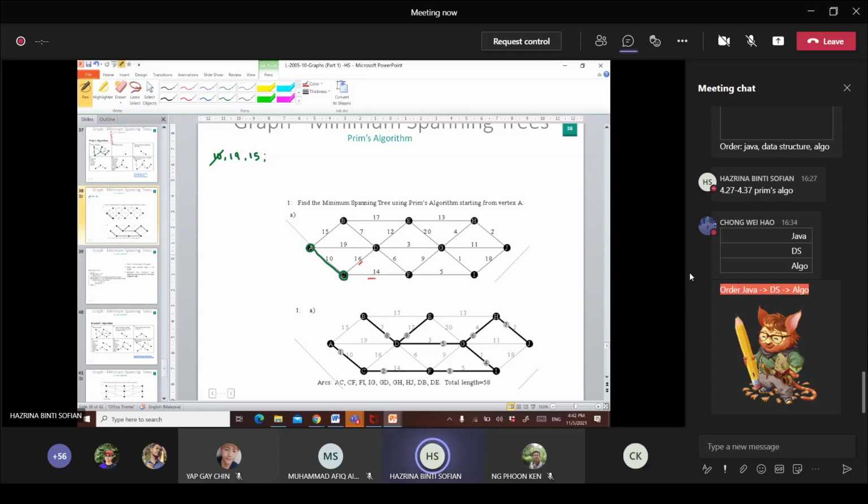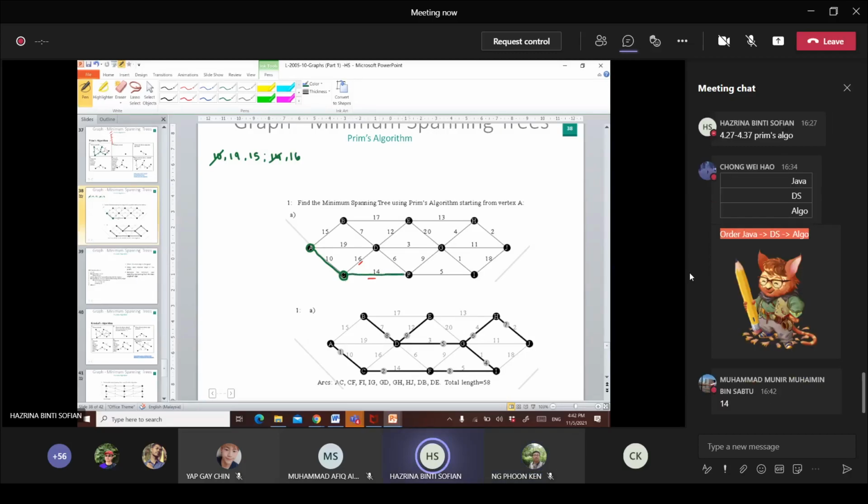So when we reach C, we have additional choices here, which are 14 and 16. So we just write 14 and 16. Now we need to compare 19, 15, 14, 16. Which one is the smallest? 14. Thank you. So 14 will go here to the F.